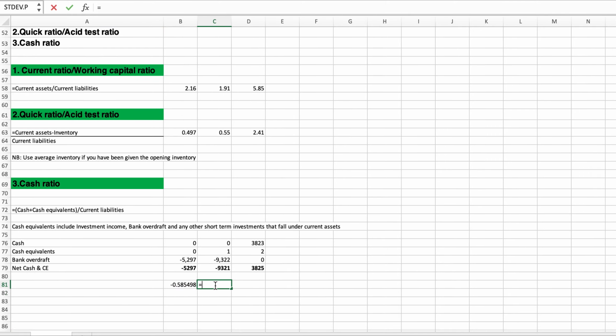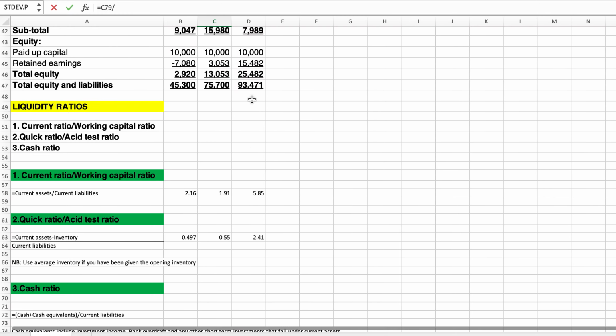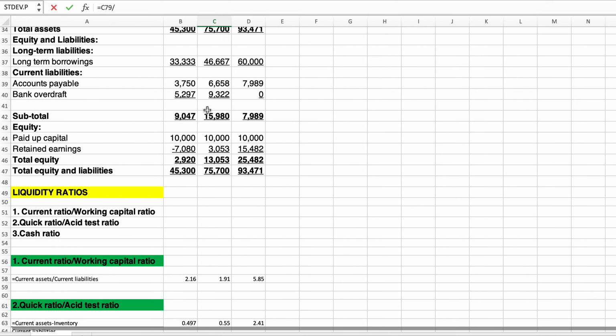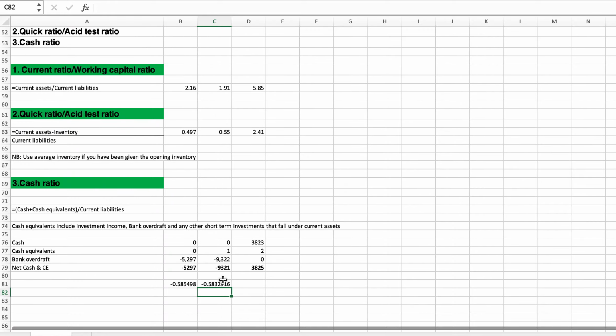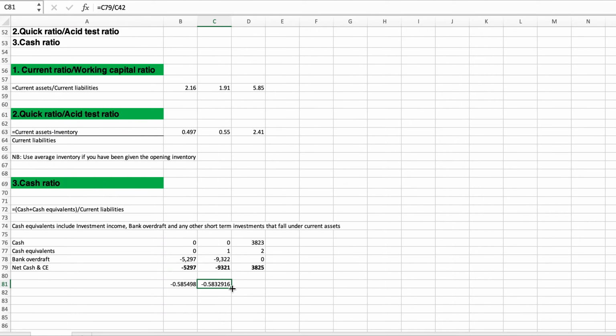Then in the year 2021, our cash ratio is given by the net cash and cash equivalent divided by the total current liabilities for the year 2021. That is it. Then we can be able to calculate for the subsequent year, which is 2022.